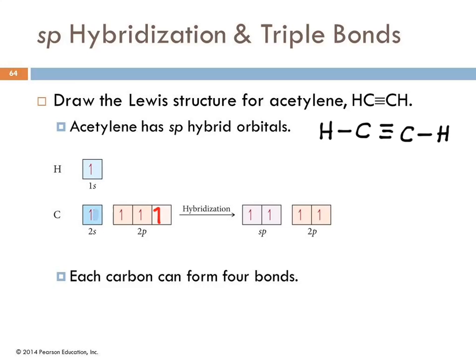And this guy is gone. That's pretty good. And then we're going to hybridize these two, those become this sp hybrid, and then we have two unhybridized p orbitals that are left over. And so each of these carbons can form 4 bonds now.